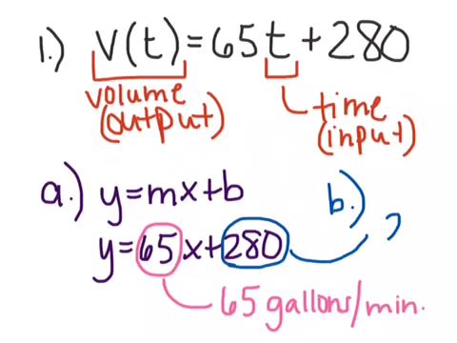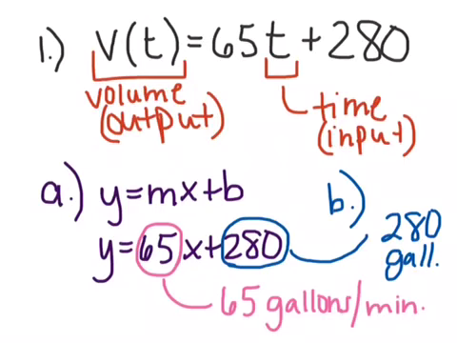So here we started with 280 gallons of water, and now we're filling from there. So how many gallons of water were in the tank when the pumps were turned on? We started with 280 gallons, and then we're adding 65 gallons per minute. So that's part A and B.